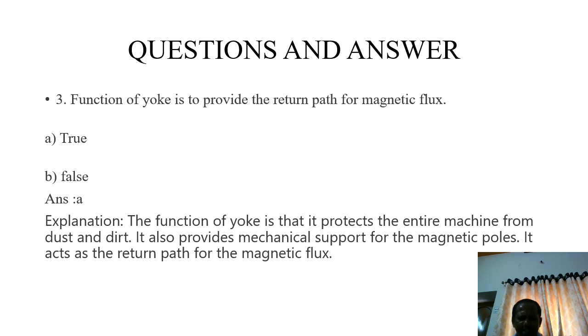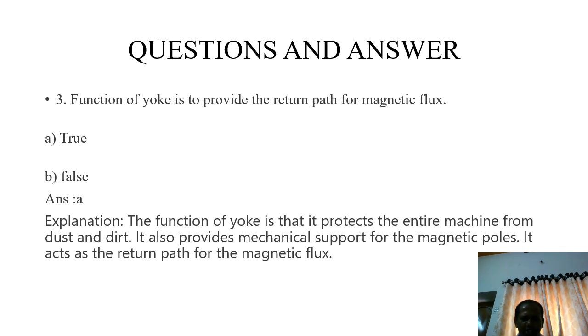It acts as the return path for the magnetic flux, because it has high mechanical strength and is a protective device for the entire part located inside the yoke. All of you getting my point or not?